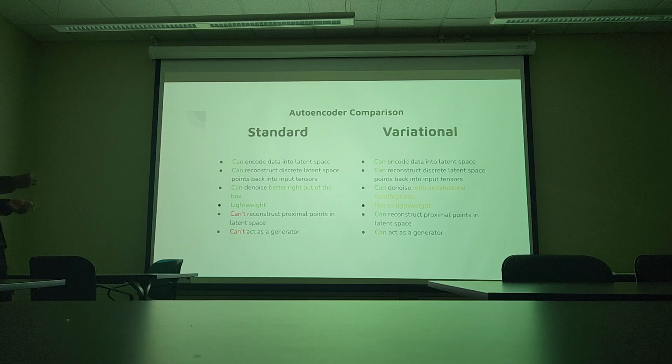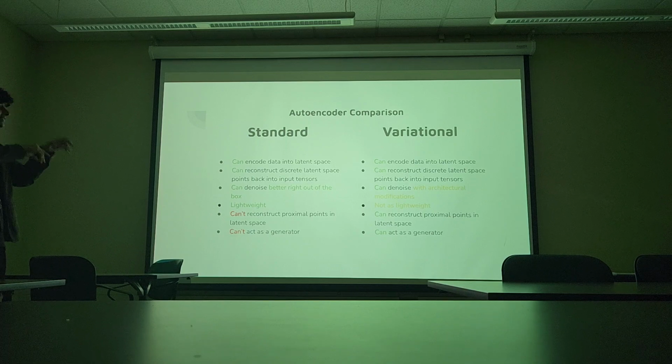But standard autoencoders simply can't reconstruct proximal nearby points in latent space. They just fail, like I said, right? It can't make that car-plane hybrid because it was never told to make or understand what a car-plane hybrid is, right? And it can't act as a generator. Meanwhile, variational autoencoders, if you give them a point in latent space that they haven't seen before, will generate something new for you that won't just be noise.